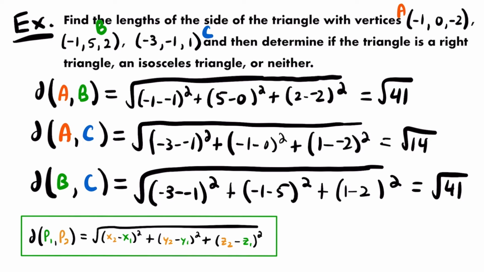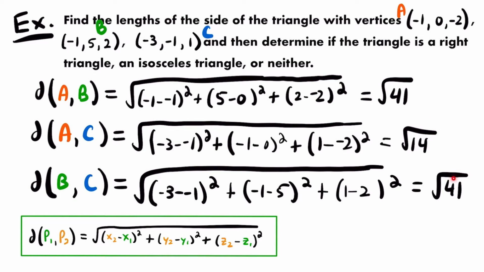And so now, notice from the lengths of our 3 sides of this triangle that 2 of them are the same, right? The length of the side from points A to point B is the square root of 41, and the length of the side from points B to point C is also the square root of 41. And so if we need to determine if the triangle here is a right triangle or an isosceles triangle, we already know what that answer is.